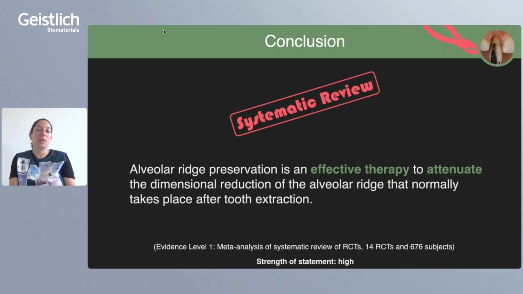And what is really important and what I would like to stress for this systematic review is that we have a really very high evidence level. The meta-analysis could be performed on the basis of 14 RCTs, and the strength of the statement therefore is high. So this is really important, I think, for us to know that the data is really very good and the evidence level is very high for this type of intervention at the time of tooth extraction.